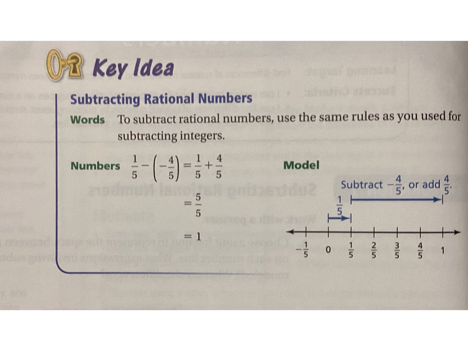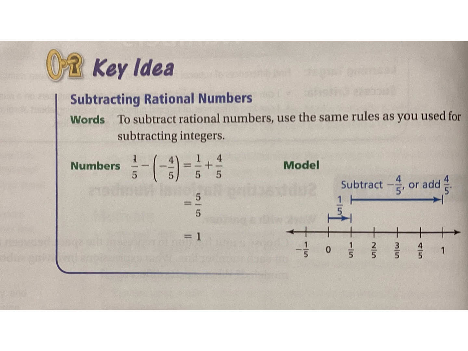The key idea is similar to what you did in 1.4. I always think of subtracting numbers as adding the opposite. If you look at this example, it has 1/5 minus a negative 4/5.